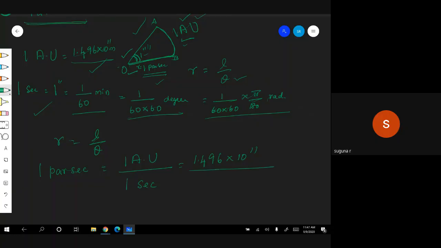1 second is 1 by 60 into 60 into pi by 180. Correct?